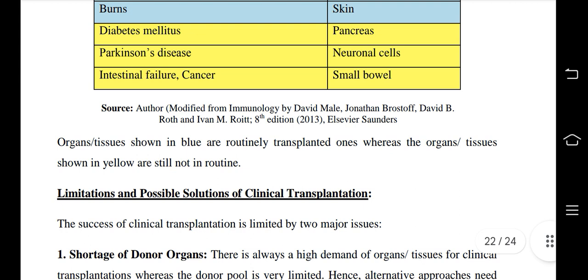Organs shown in blue are routinely transplanted ones, whereas the organs and tissues shown in yellow are still not in routine.